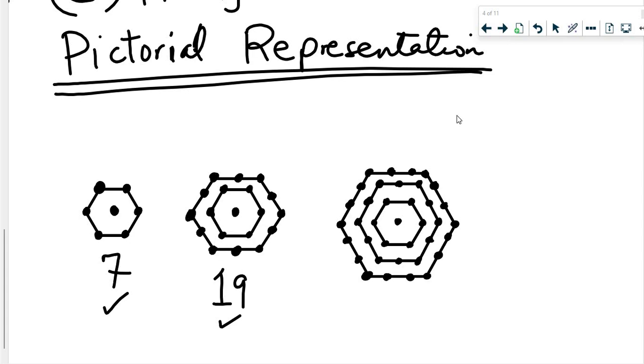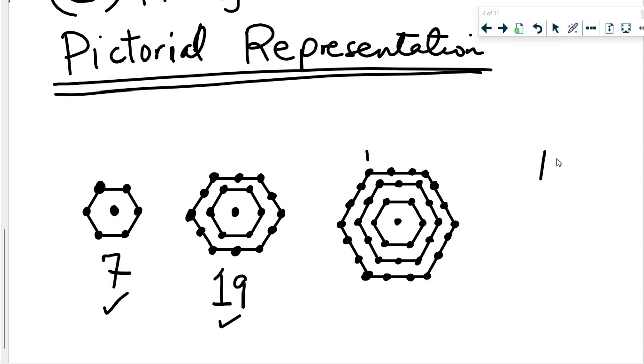Now let us count the outside shell. Let us count the dots. 1, 2, 3, 4, 5, 6, 7, 8, 9, 10, 11, 12, 13, 14, 15, 16, 17, 18.